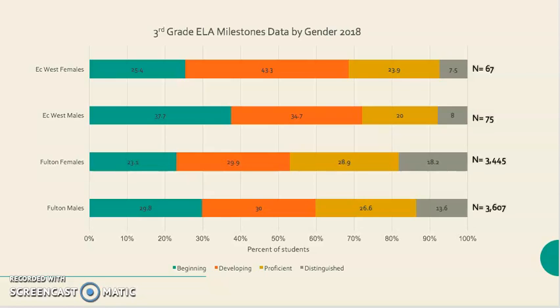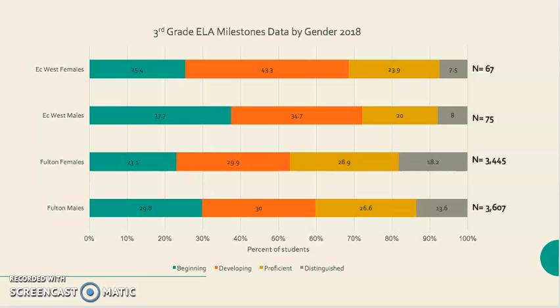Here is a graph of the third grade ELA milestones data by gender for the 2018 test scores. In both Fulton County and the school, more females are performing at or above grade level in grade 3.